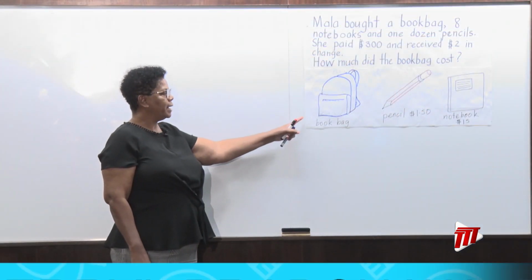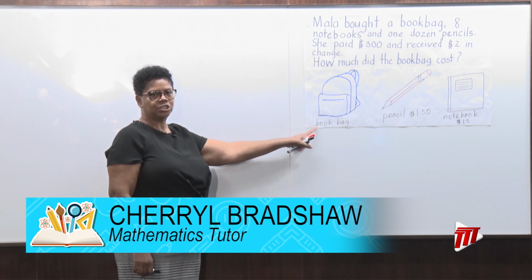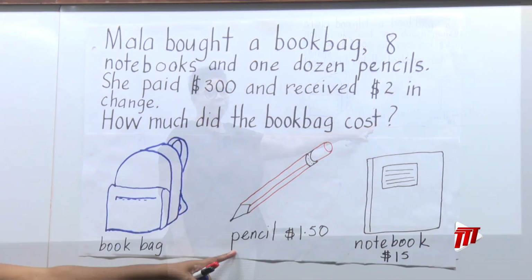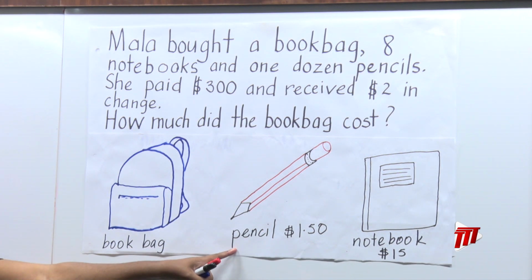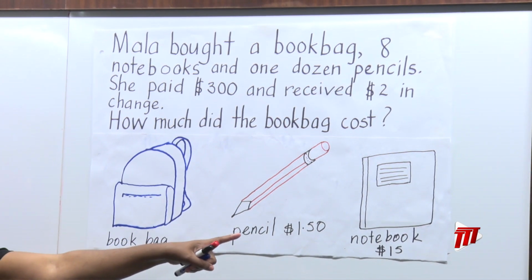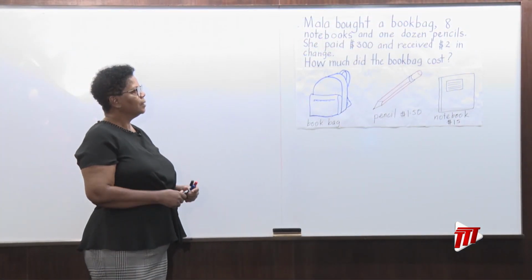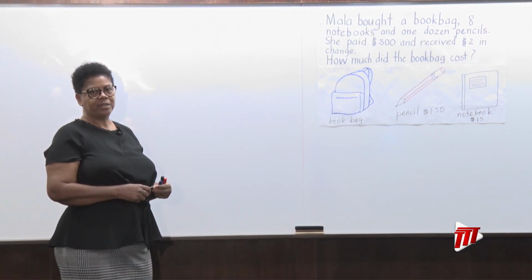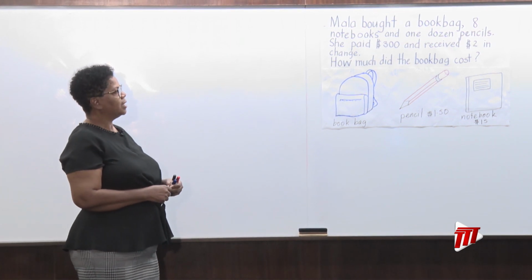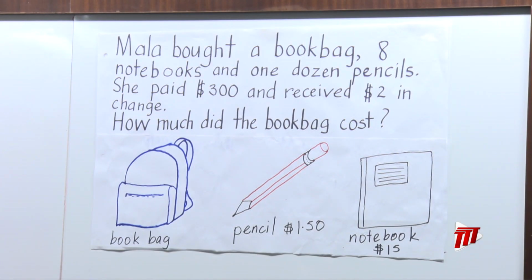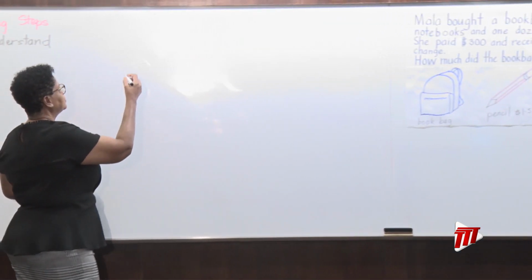Here we have a book bag. There is no cost attached to it. There is a pencil. The cost of 1 pencil is $1.50. And a notebook, the cost of 1 notebook is $15. Let's try to understand what we have written here. We know that she bought 8 notebooks, so we'll write that on the board.